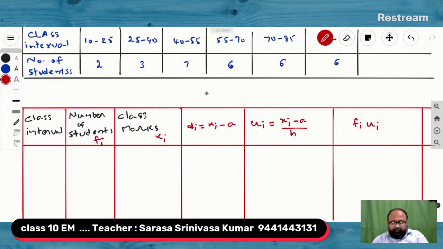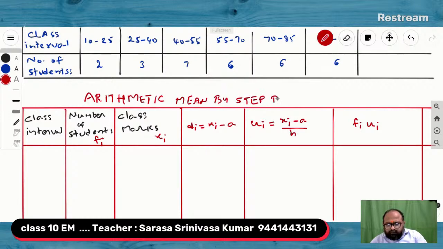So let us note down the name of the method: arithmetic mean by step deviation method.